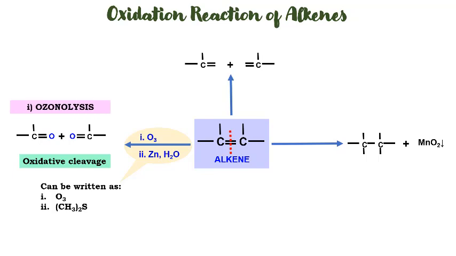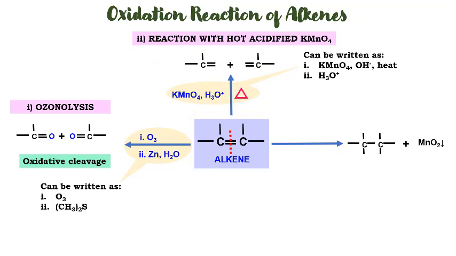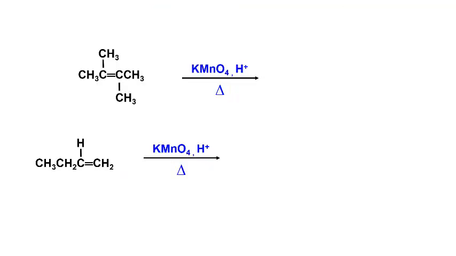The reaction of an alkene with hot acidified potassium permanganate will also undergo an oxidative cleavage. This reaction will produce ketones or carboxylic acids depending on how many hydrogen atoms are bonded to the sp2 carbon. If there is no hydrogen atom bonded to the sp2 carbon, the product will be a ketone.